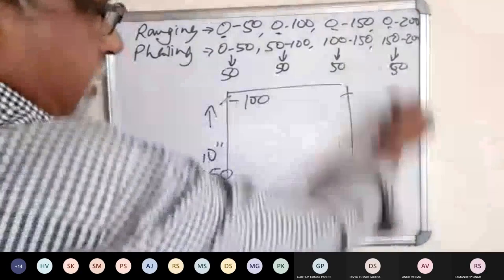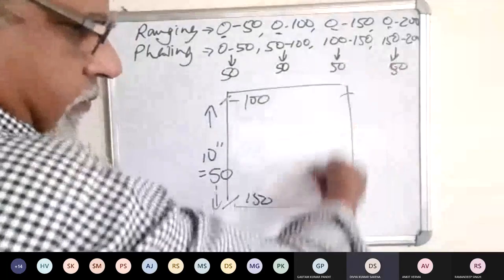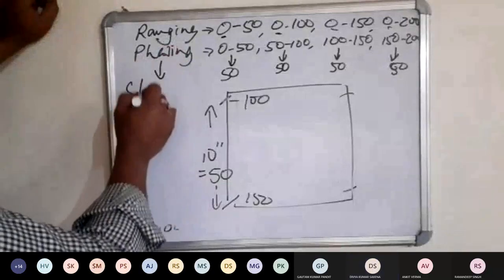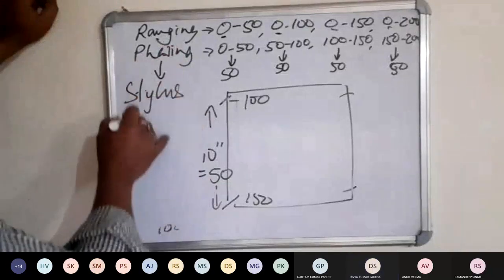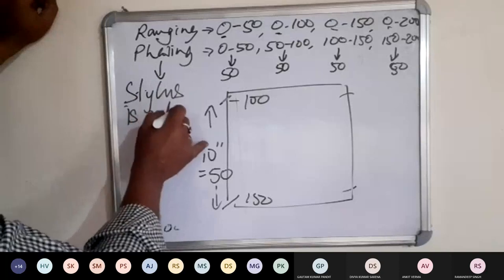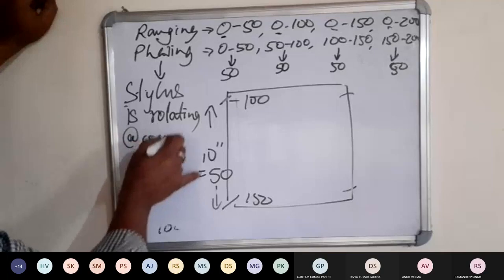That means the stylus will be constant or not? Yes, sir. So in phasing the stylus is rotating at constant speed.